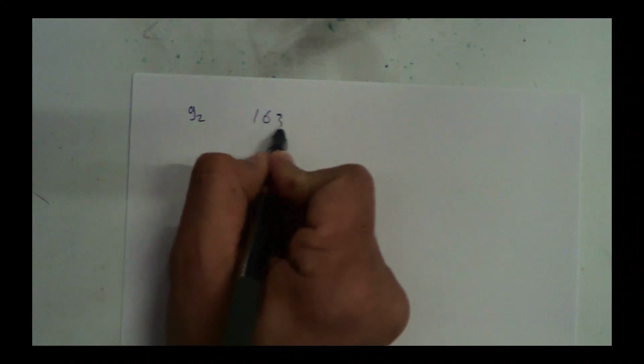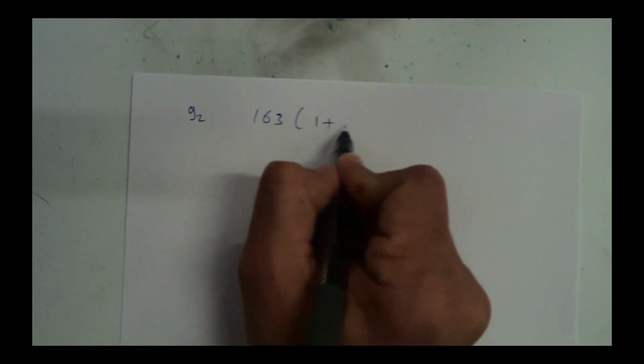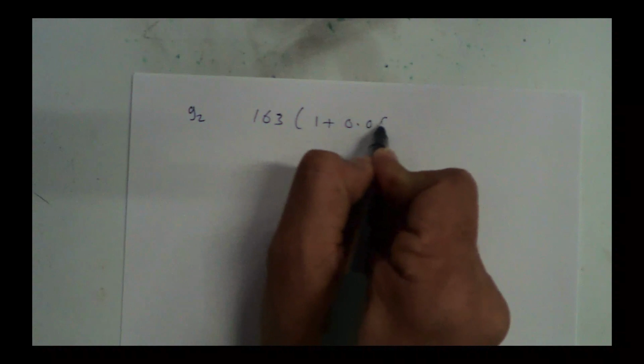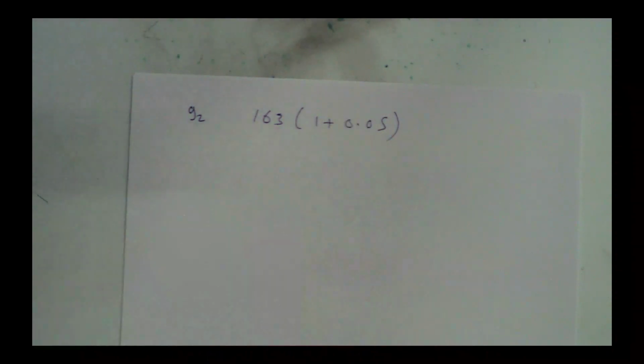So what I'm going to do is calculate how much the change in Y was. So let's call it G2. In that case, G2 will be 163 times 1 plus 0.05. So 0.05 here is the 5% change.